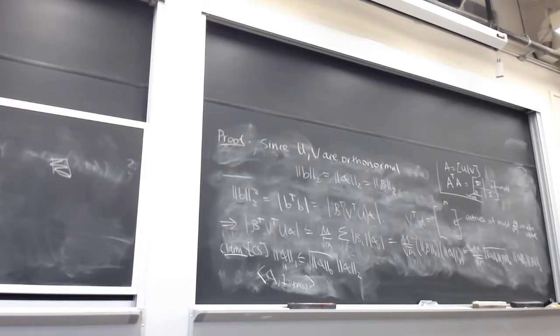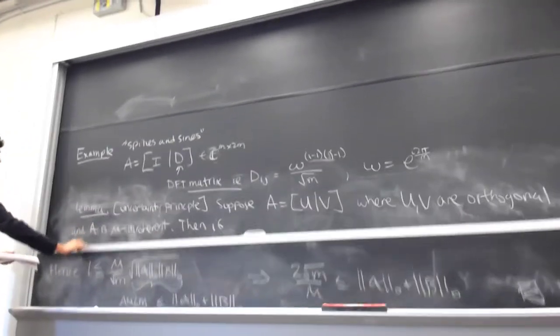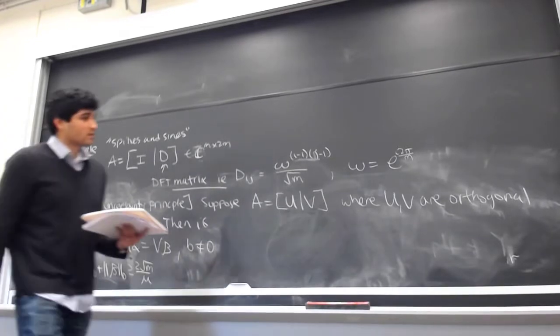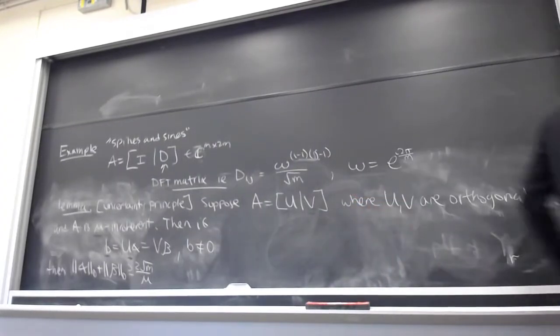Well, actually, wait, let's do something fun first before we do that. So we have the spikes and sines matrix, and we have this key lemma. Anyone think it's tight?